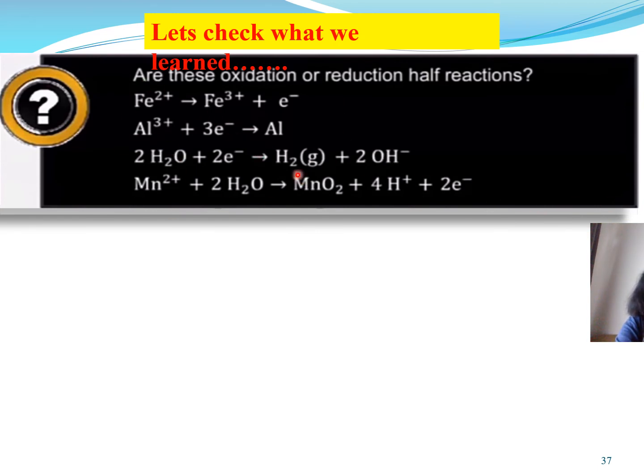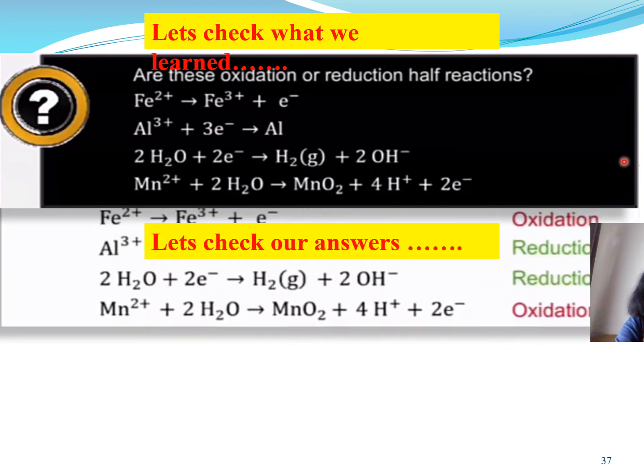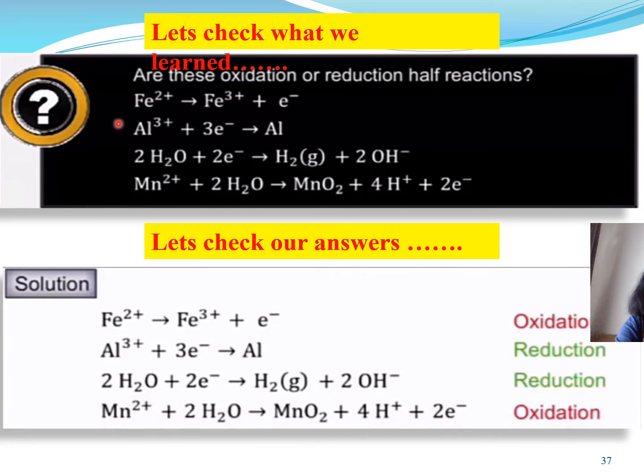Now some reactions are given. Just check which is the oxidation half reaction and which is the reduction half reaction. Fe2 plus is changing to Fe3 plus plus an electron. It is losing an electron, so it is an oxidation reaction. Aluminium ion gains electrons and converts to aluminium. That is reduction.